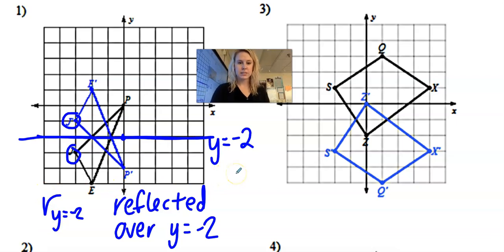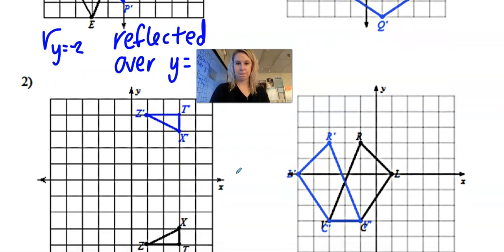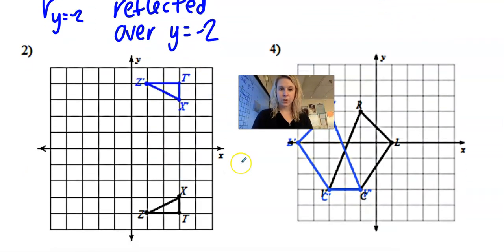Let's take a look at number 2. I've got something on the bottom, something on the top, so it's flipping from up to down, down to up. So I'm going to be drawing a horizontal line. We'll count. They meet in the middle.